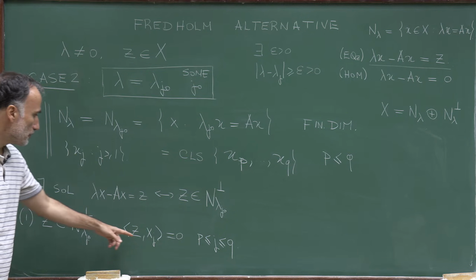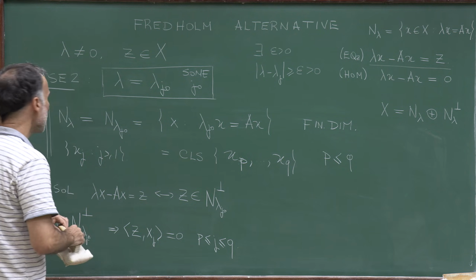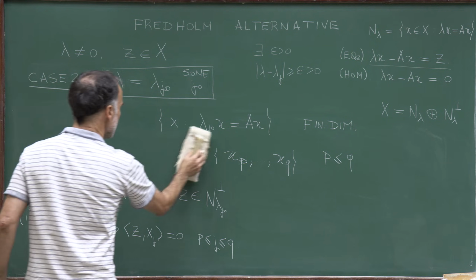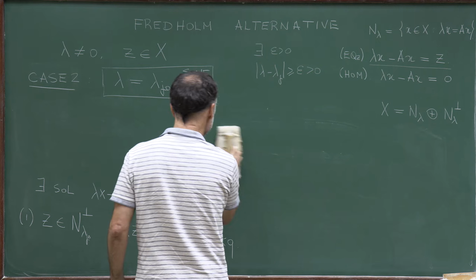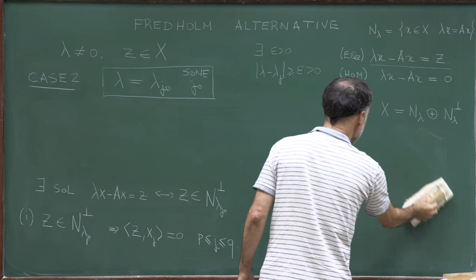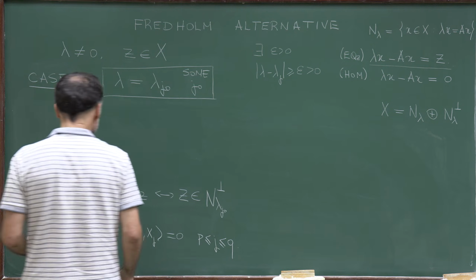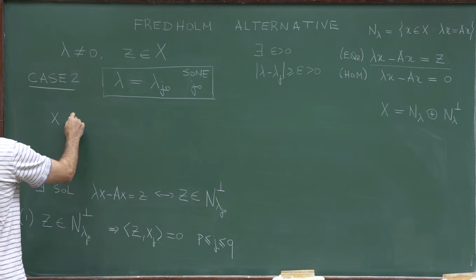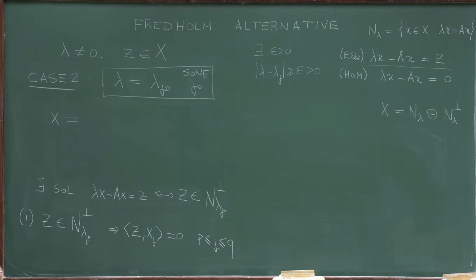Well, so if this is true, I can write down a candidate for the solution of this equation. I want my candidate x to be the following one.